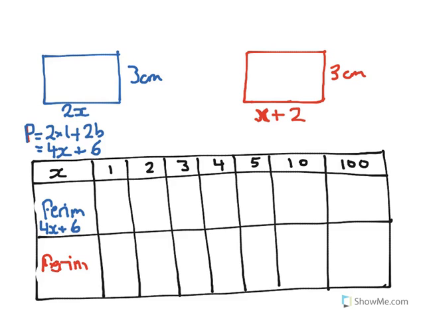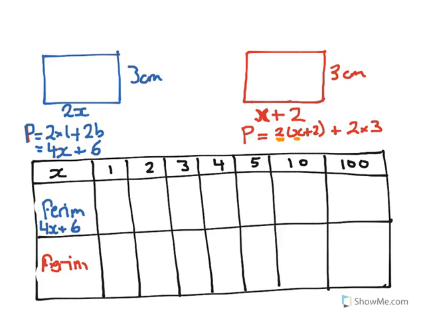If we look at the red rectangle here, the perimeter will be 2 times the length, which will be 2 multiplied by x plus 2, plus 2 times the breadth, which will be 2 times 3. Taking the first two terms here, everything outside the bracket gets multiplied by everything inside the bracket.